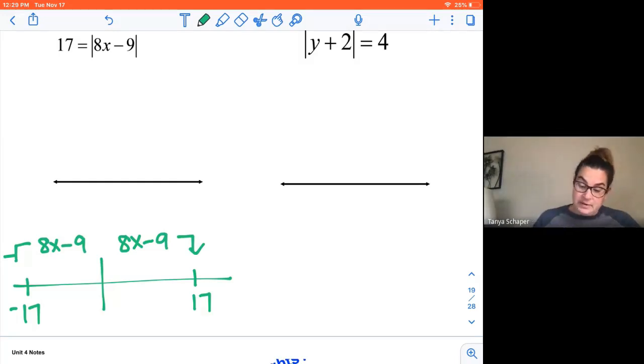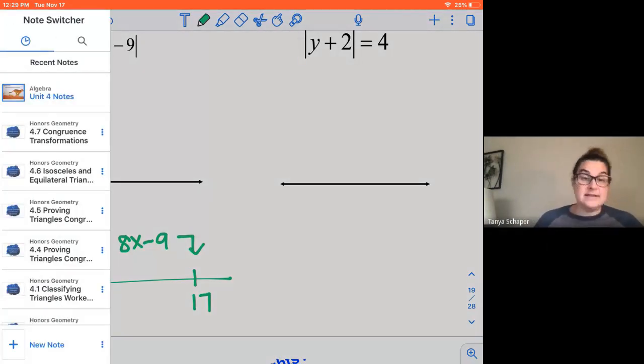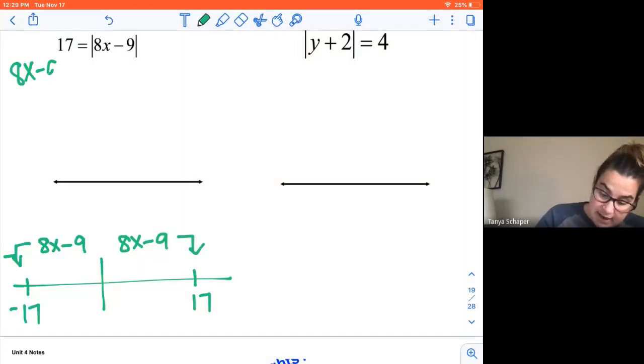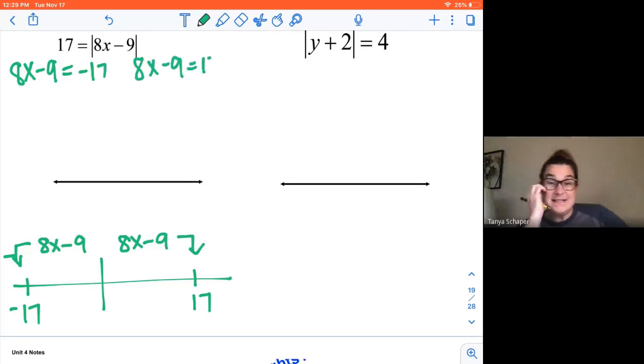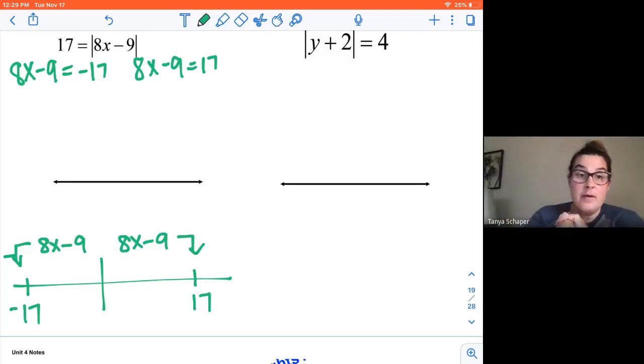So that helps me with my two equations that I need to solve out. So I've got 8x minus 9 equals negative 17, and 8x minus 9 equals 17. Those are my two equations I need to solve.